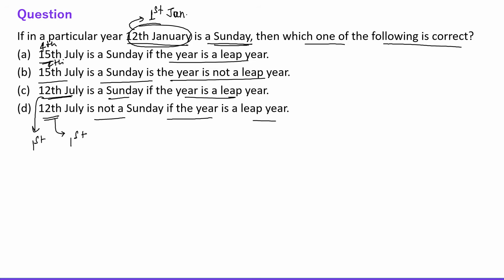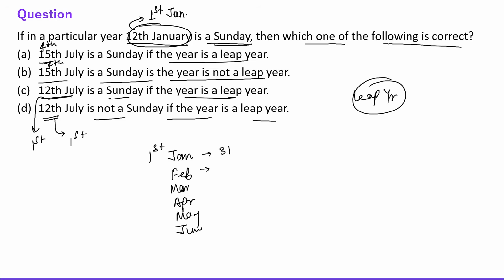Now, 1st January. So January, February, March, April, May and June. May, how many days? 31 days. First I'm taking the case of a leap year. After that we'll be considering a non-leap year.